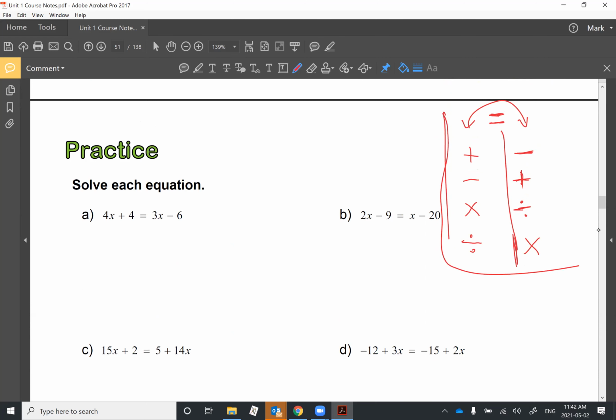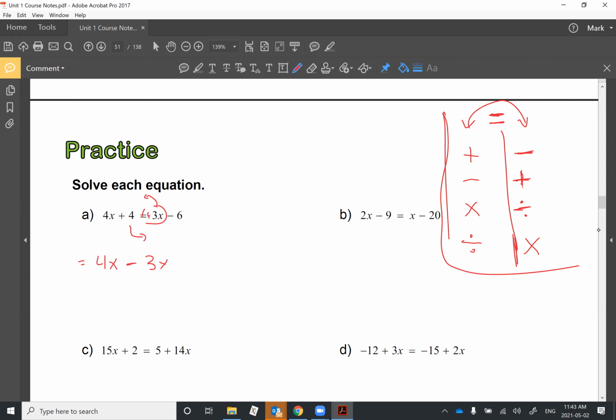Okay, letter A, very straightforward. I am moving a 3x over to this side. I am moving my 4 to the other. I want x's on the left, numbers on the right. So this becomes 4x minus 3x. This was a positive 3x.